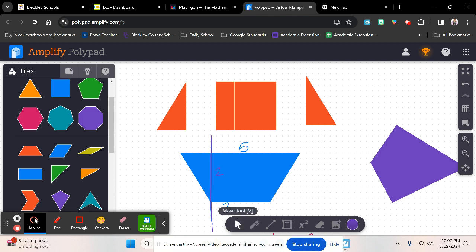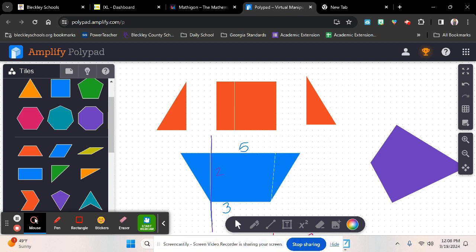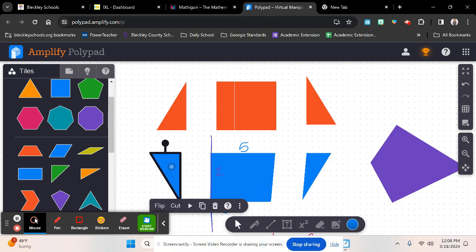If I cut it here, and I come and I cut it here, I get 2 separate triangles, right?